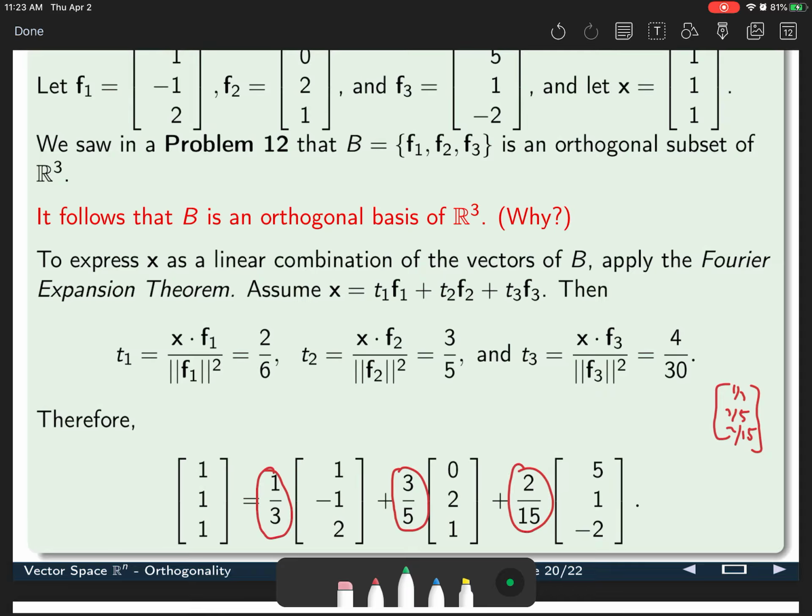And you could imagine having these as the columns in a 3x3 matrix. And the result of this multiplication, oh geez, is 1, 1, 1. This vector.